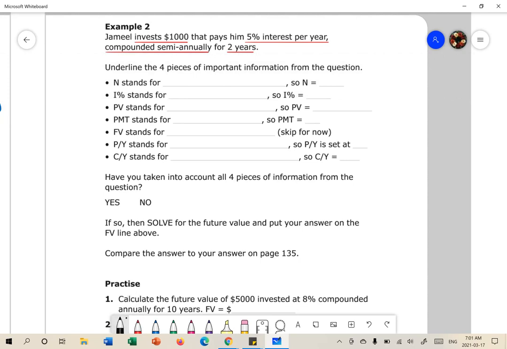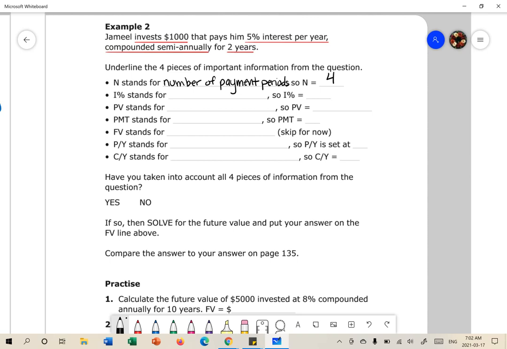So remember that N stands for number of payment periods. So it's compounded semi-annually. So that means it's twice a year for 2 years. So in total, that's 4.